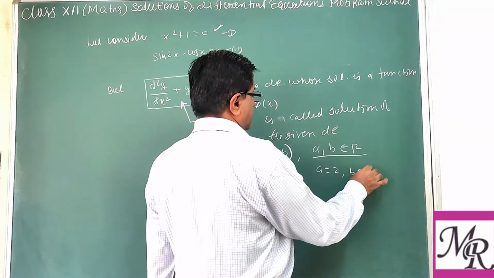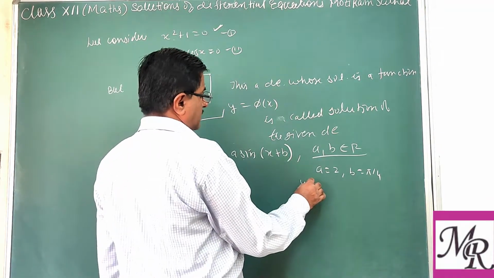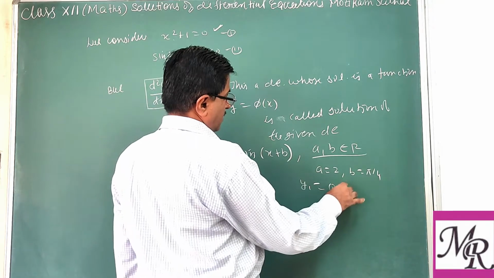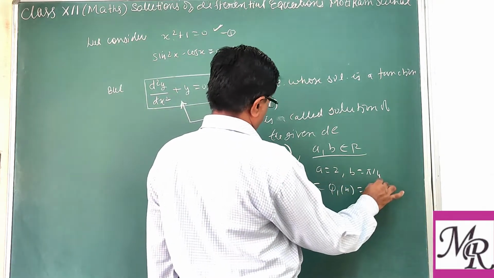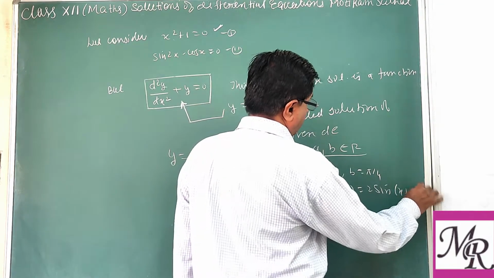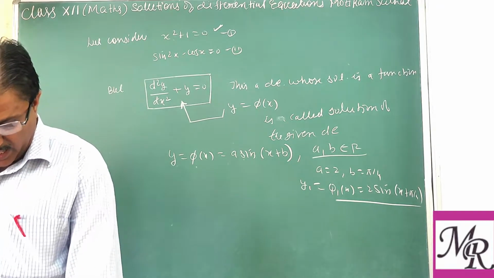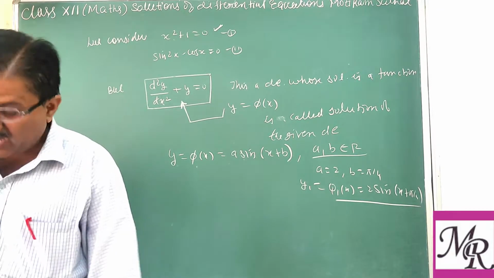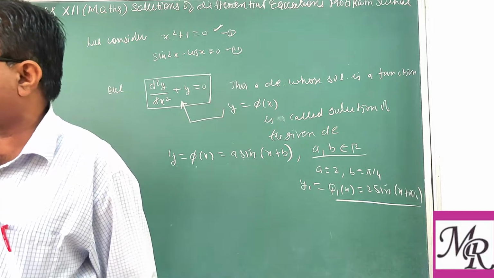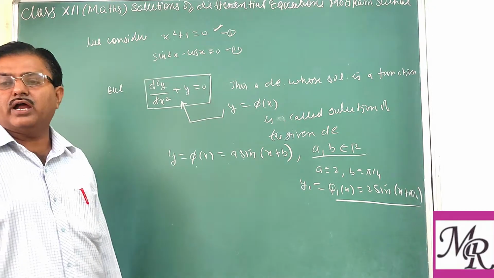They may be arbitrary constants, but if you take particular values, suppose a equal to 2 and b equal to 5 by 4, then the solution is considered as y of x equal to 2 into sin x plus 5 by 4. If we take these values for a and b and put the function in again, it will satisfy both sides, left hand side equal to right hand side.